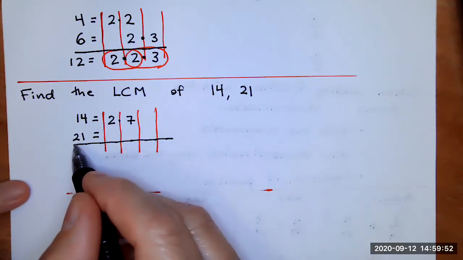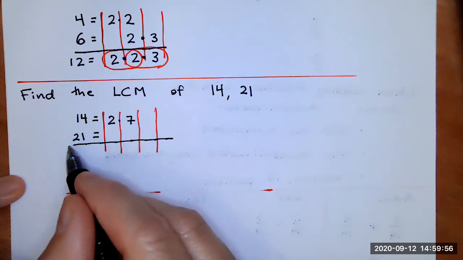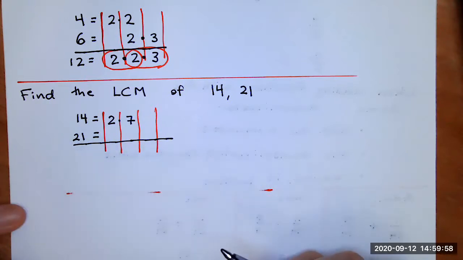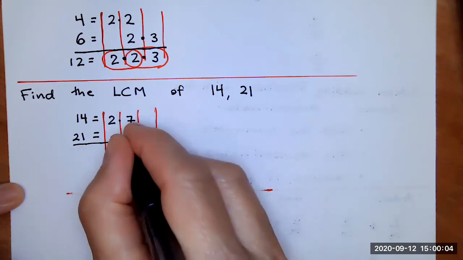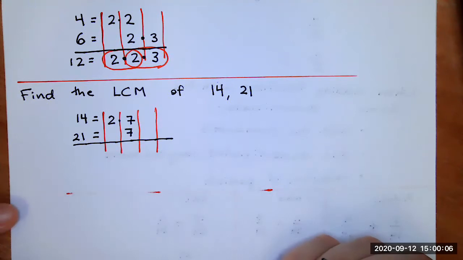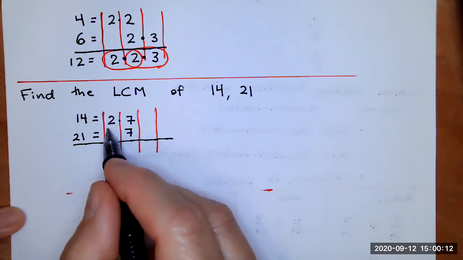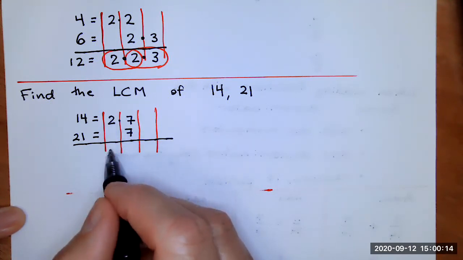What's the prime factorization of 21? Well, that's 7 times 3. So where do you think the 7 goes? That's right, it goes in the 7 column. Where do you think the 3 goes? Right, you can't put it here because that's a 2 column.